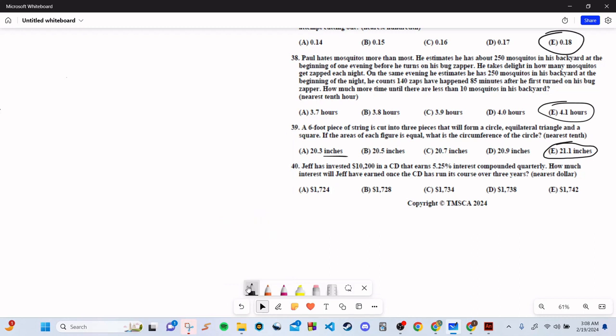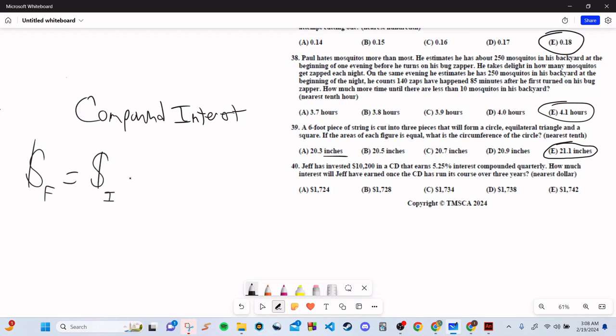Okay, so you gotta know the compound interest formula. So I'm gonna just say your final money is equal to your initial money times 1 plus your rate over how many times you're compounding it.